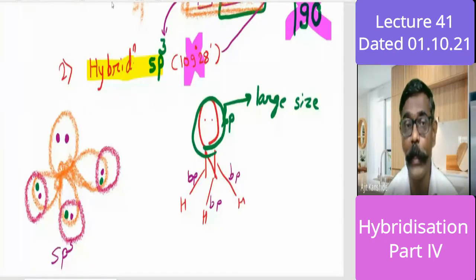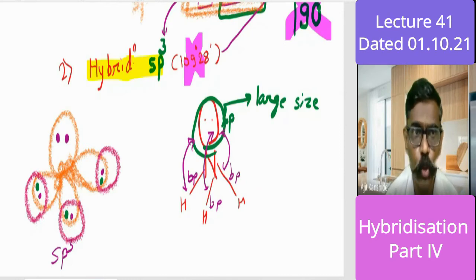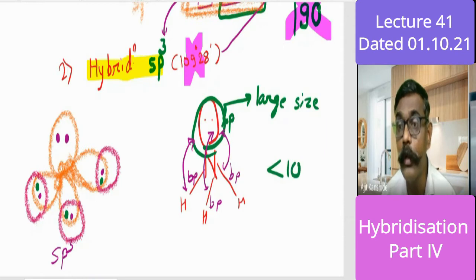Because of this lone pair, which is bulkier because of its large size, occupies more space and is more concentrated, it will repel the bond pairs, due to which the bond angle remains less than the usually expected 109 degrees 28 minutes.